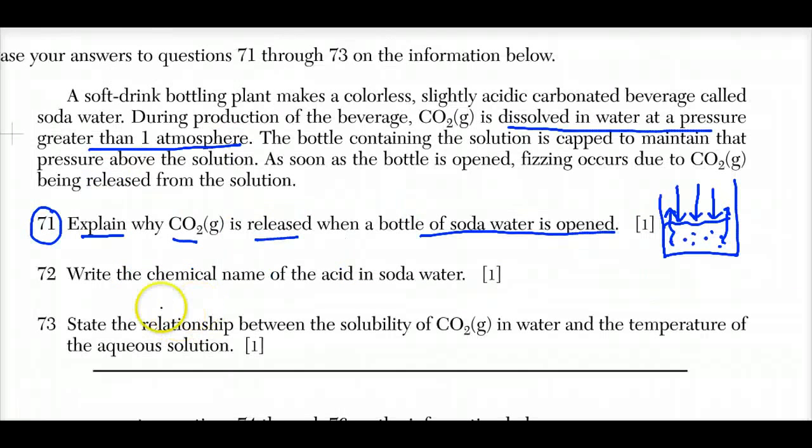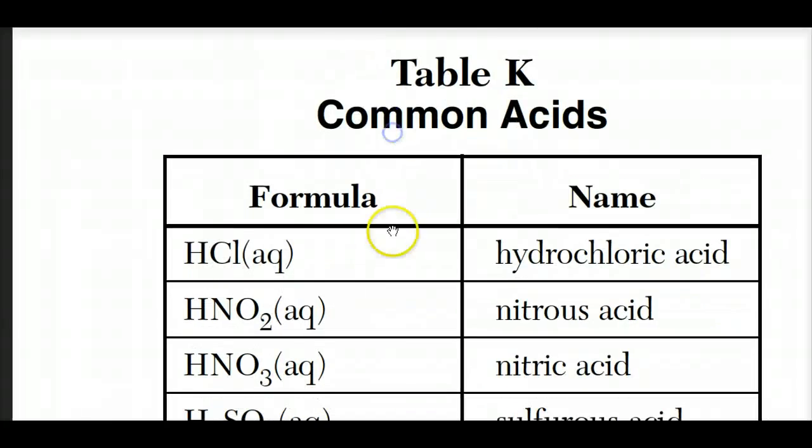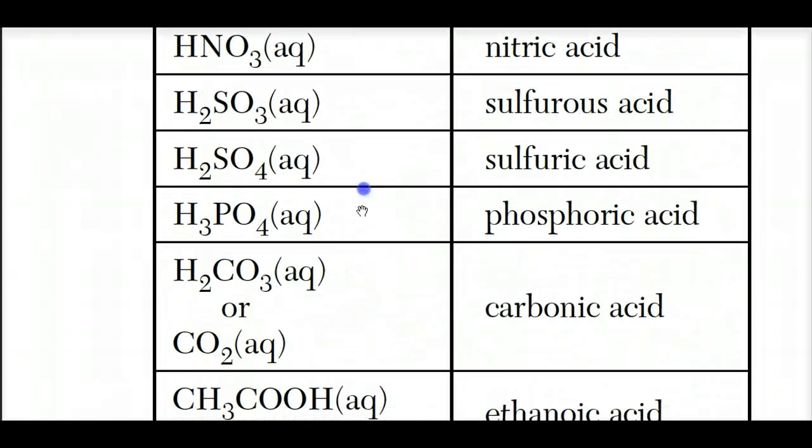Number 72 states, write the chemical name of the acid in soda water. So you have CO2, and some people wrote carbon dioxide, and I believe that's acceptable. But if you go to your reference table and find Table K, which is a list of common acids, you will see CO2 listed there, and the best answer is carbonic acid.